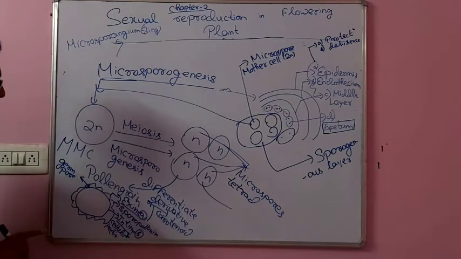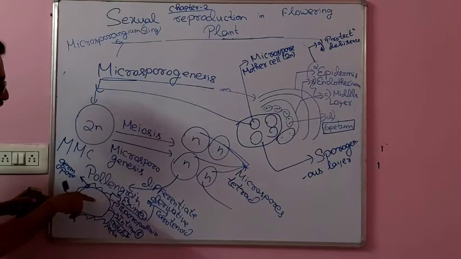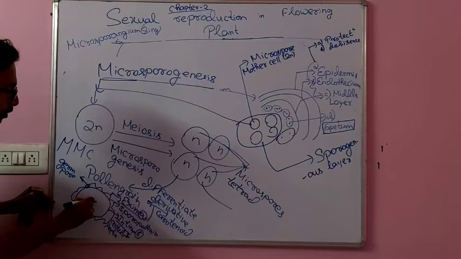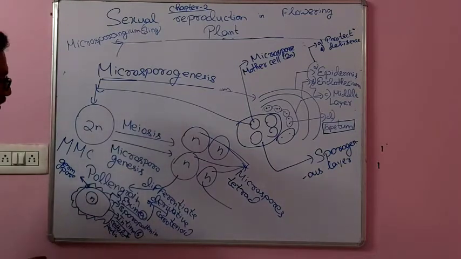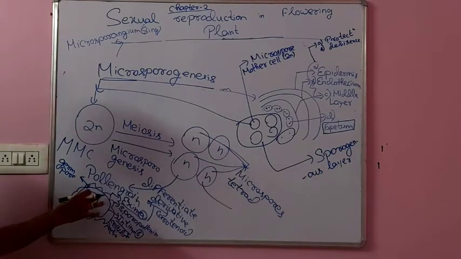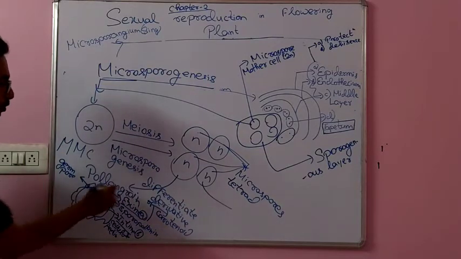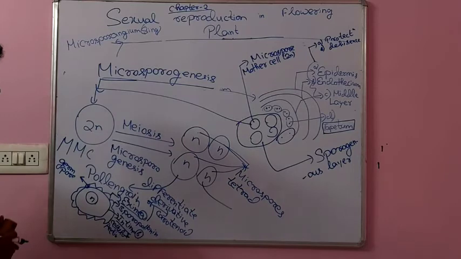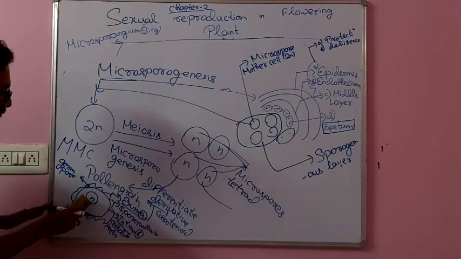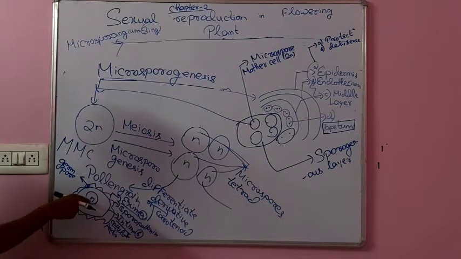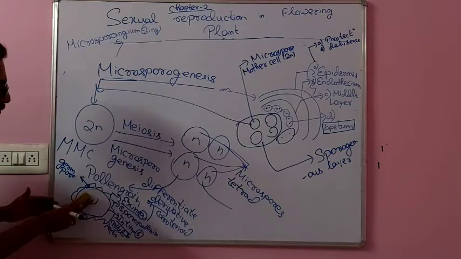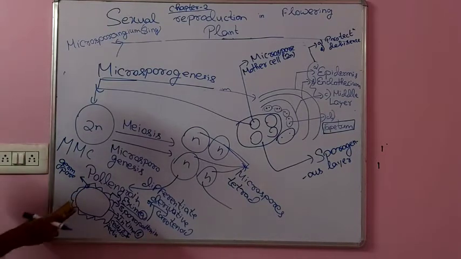Besides this, inner to it, below the intine layer, there is a single cell along with a single nucleus. This is the structure of the immature pollen grain or the microspore. Then what happened? The nucleus, which is already haploid, undergoes mitotic cell division.